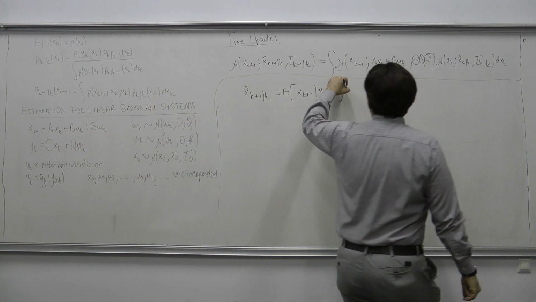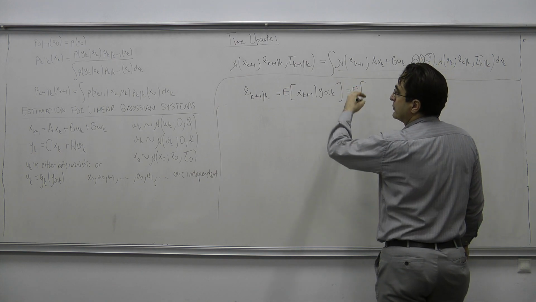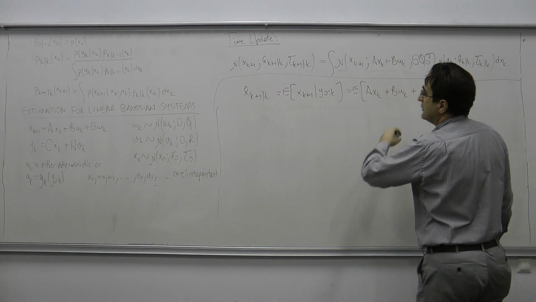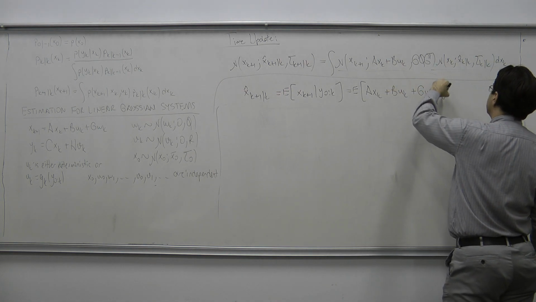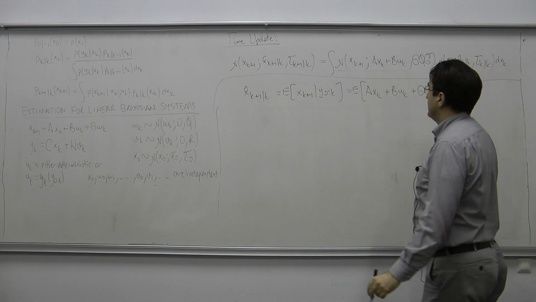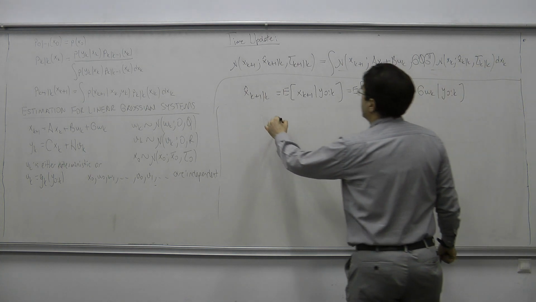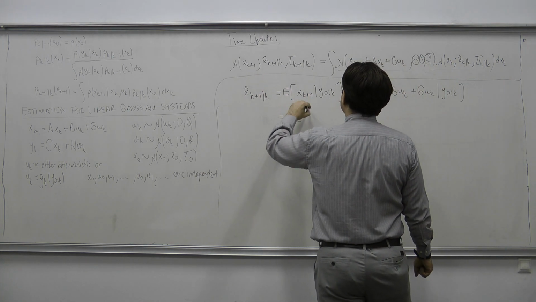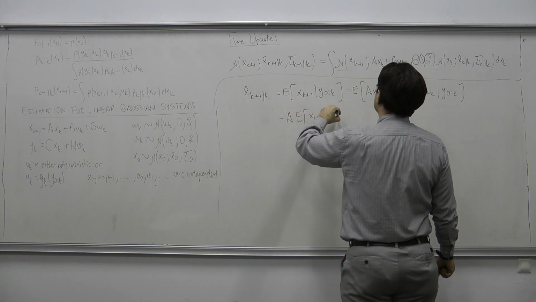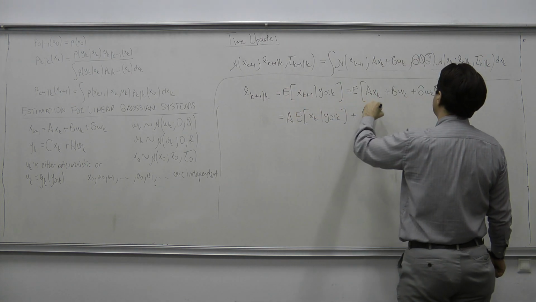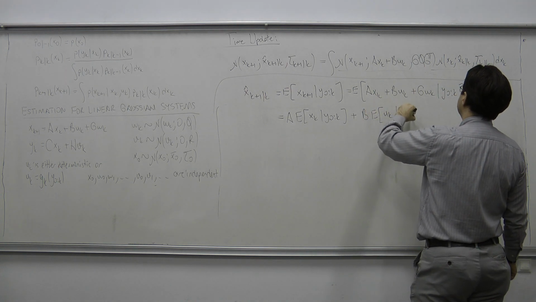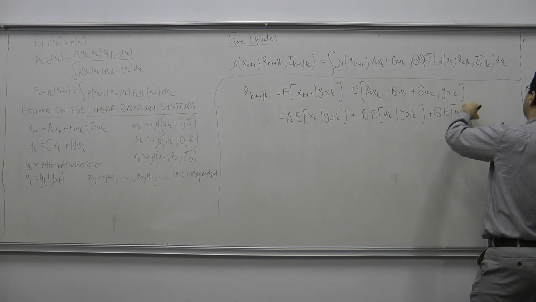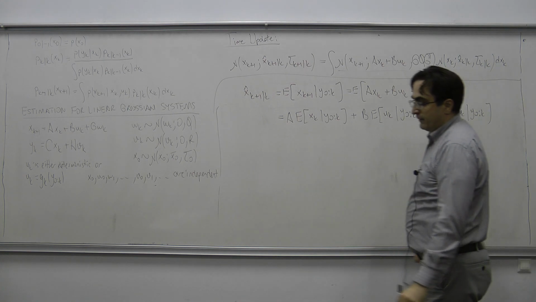Okay? That is equal to the expected value of Axk plus Buk plus Gwk given y0k. Okay? Distribute the expectation into the linear combination here. A expectation xk given y0k plus B expectation uk given y0k plus G expectation wk given y0k.